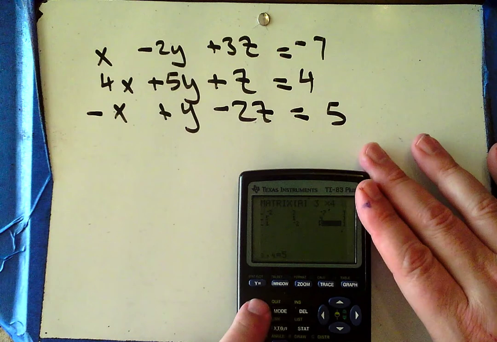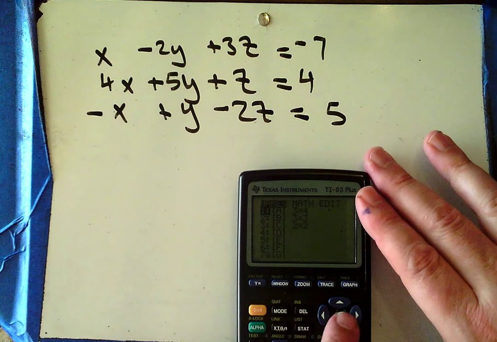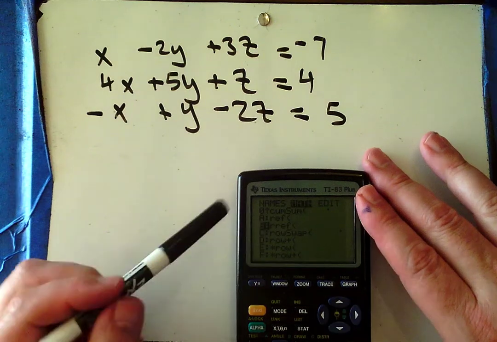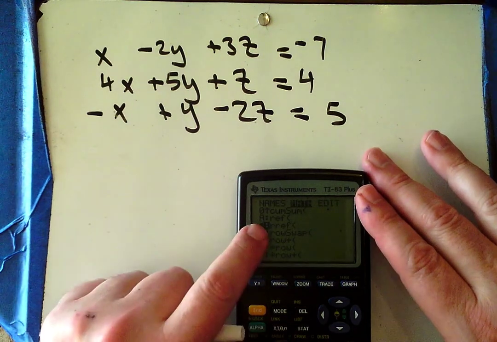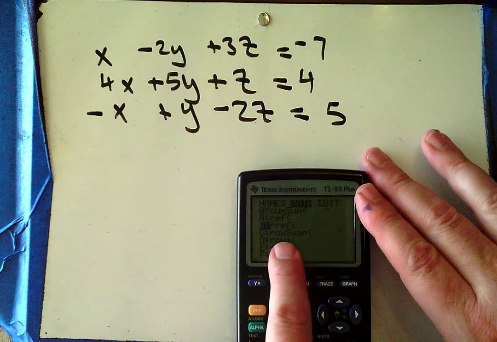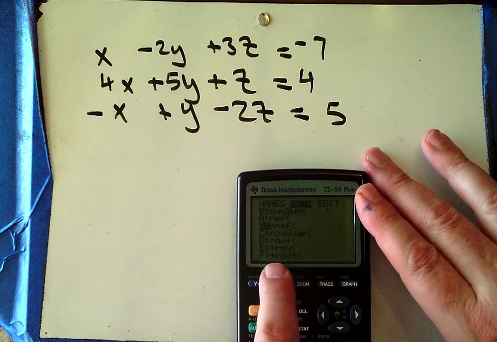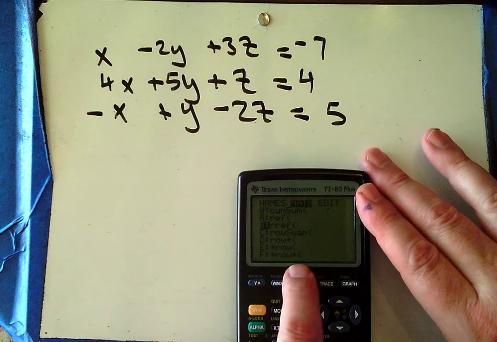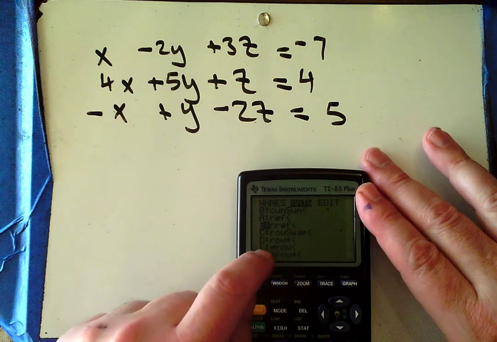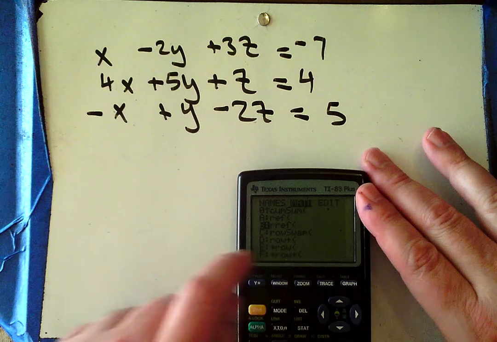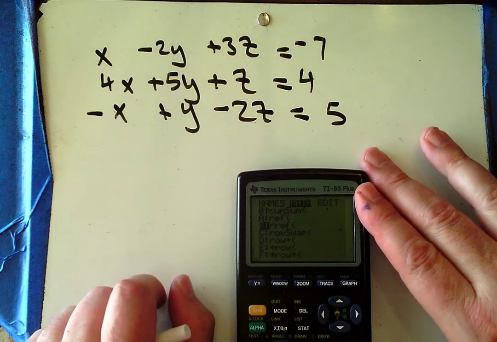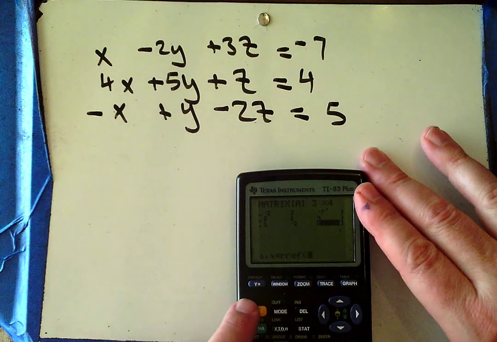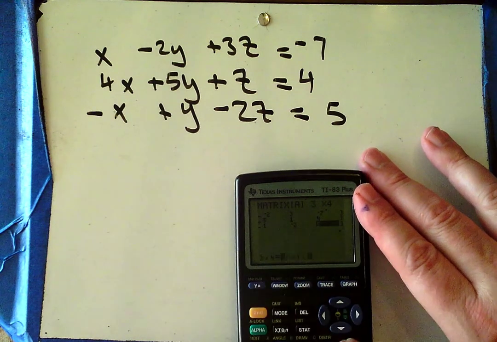So if I'm using my calculator, I want to go to Math, and then scroll down to Reduced Row Echelon Form, RREF. Notice here below that we have row swap, row add, and multiply a row, and multiply a row and add the row. So here we've got Gauss's operations built into our calculator if we want to do this by hand. I don't. I just want reduced row echelon form, but not there.